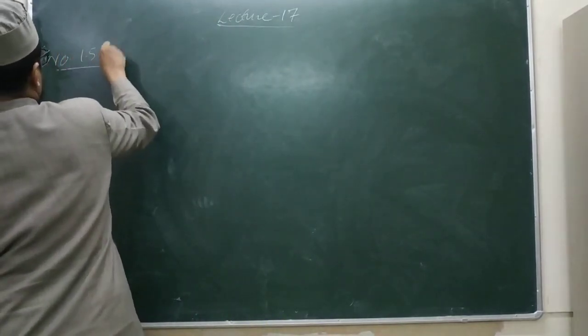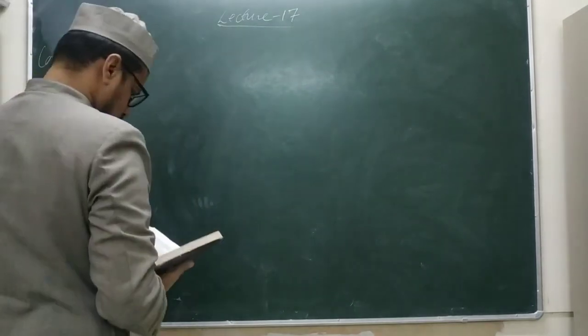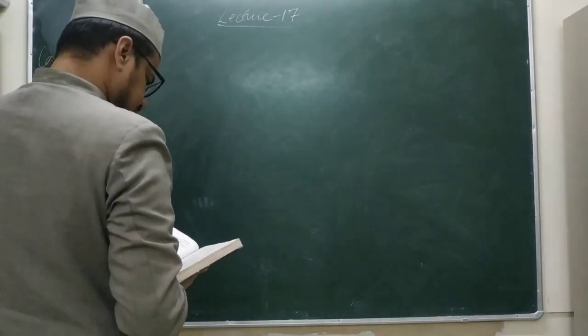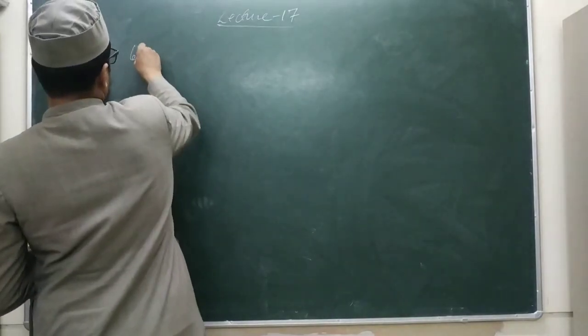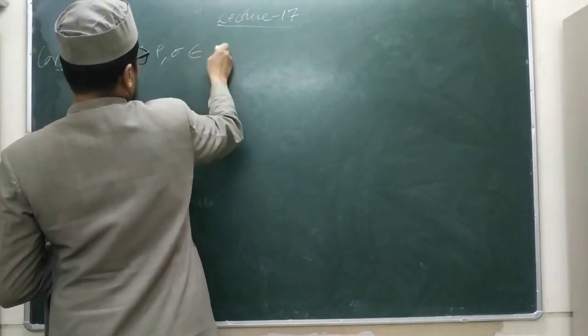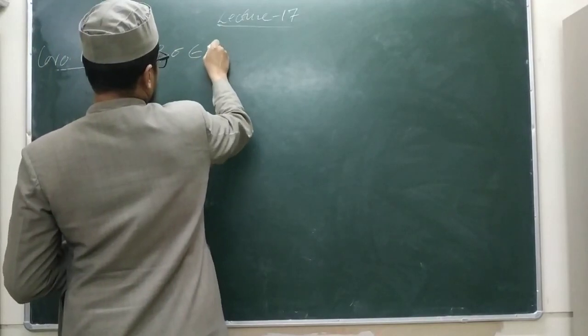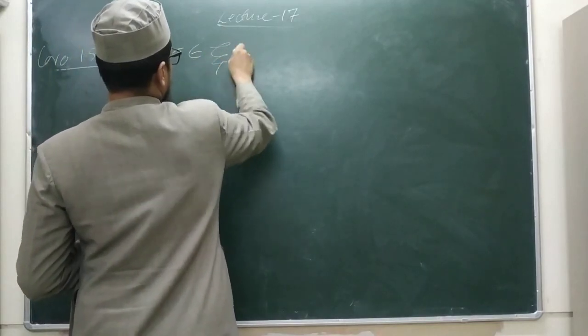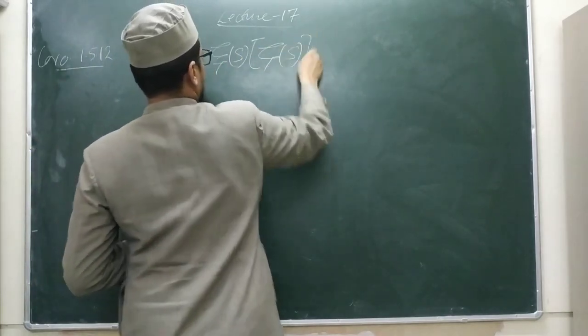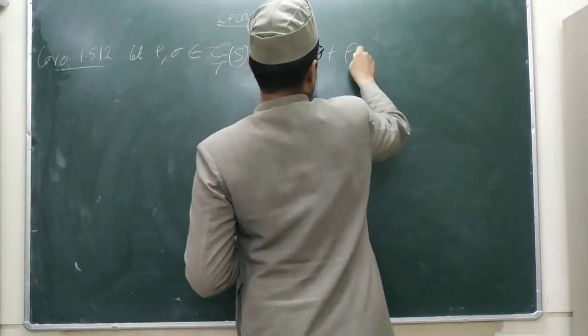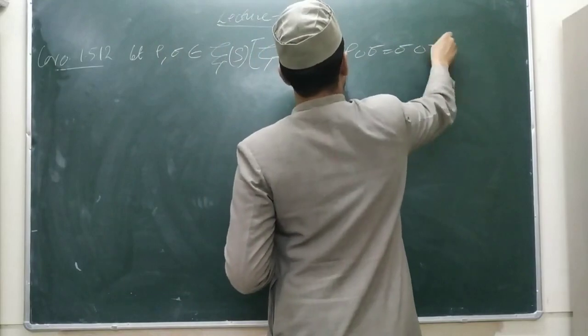Corollary 1.5.12. That is, they are saying that let rho, sigma belong to the lattice of equivalences or lattice of congruences, such that rho composition sigma is equal to sigma composition rho.